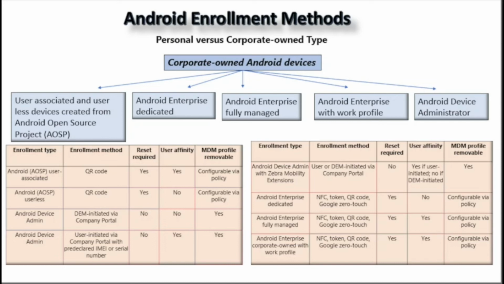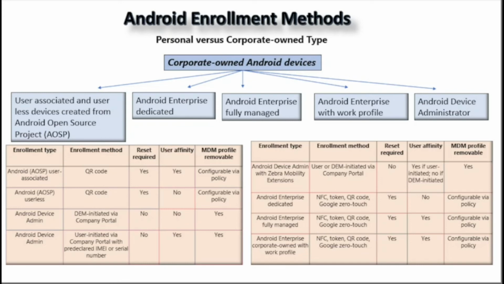In case of corporate owned Android device, we can configure and enroll the device by many ways based on the requirement. We can either use user associated or userless device created from Android open source project. We can use Android enterprise dedicated method to enroll the device, and this is mainly used to configure the device in kiosk mode.